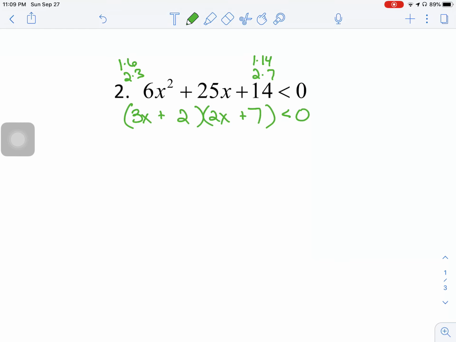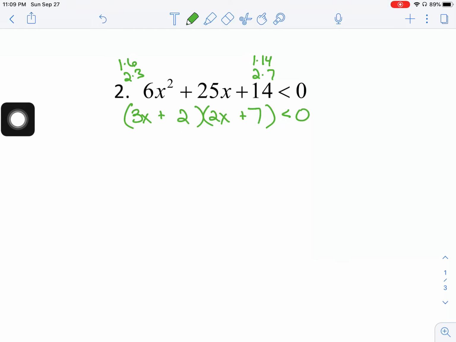I did a quick check in my head, so 3x times 2x is 6x squared, 3x times 7 is 21x. 2 times 2x is 4x, so 21x plus 4x is 25x, and 2 times 7 is 14.